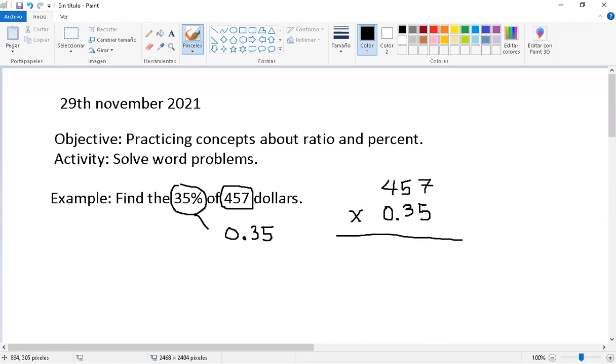Remember the way we multiply. 5 times 7, it's 35. I write 5 here. The normal way we multiply. And I write 3 here on top. We write the 3 to the next place value. 5 times 5 is 25 plus 3, 28. I write the 8. And of course, I write the decimal point here.